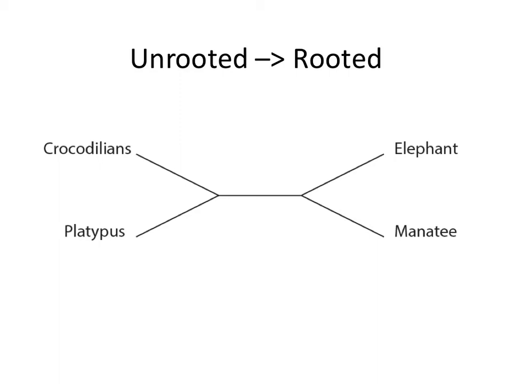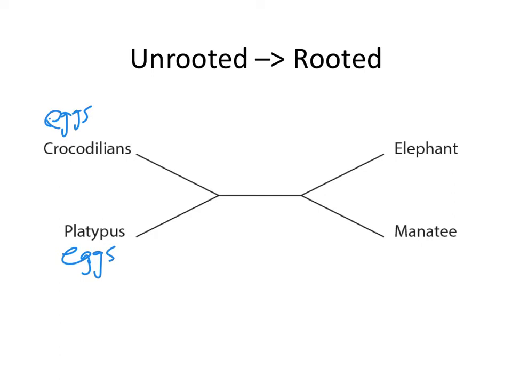So, who's egg laying? Crocodiles and platypi. But not elephants and manatees. So this perfectly illustrates, thank you for that suggestion, I did not pay you to make that suggestion, the issue with having an unrooted tree.